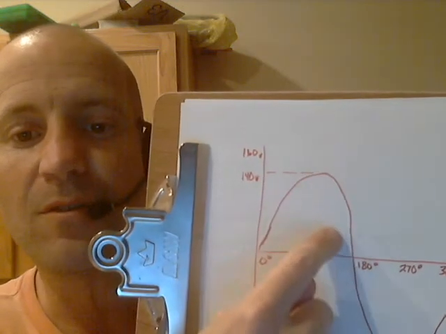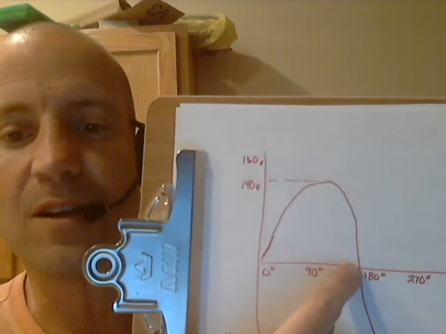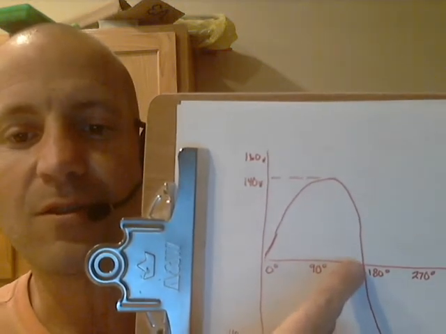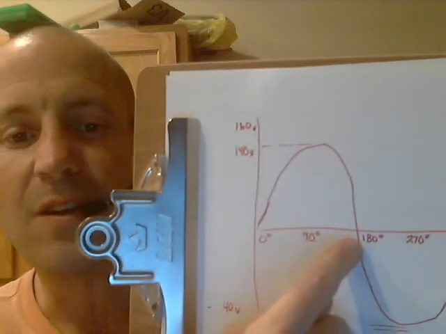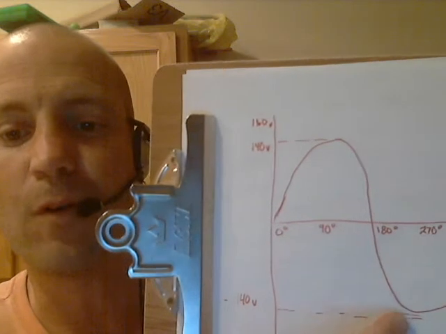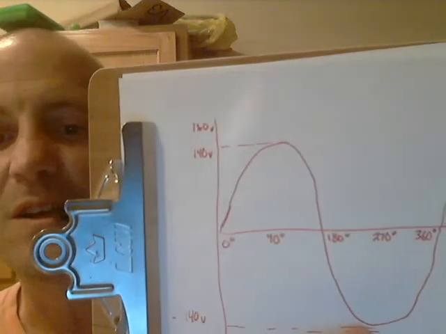Then it's going to go back down to 0 as it rotates another 90 degrees, and now it's parallel to the lines of force again, so it's not cutting across. And then it's going to start to go in the other direction and generate a voltage, but this time with an opposite polarity.